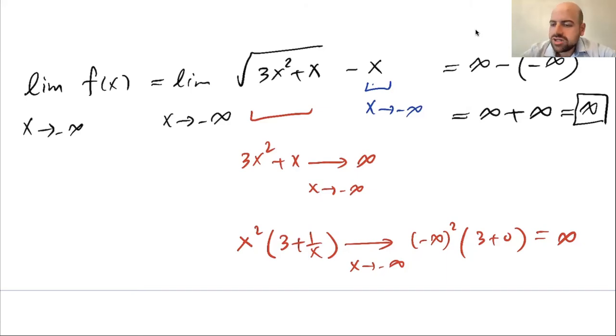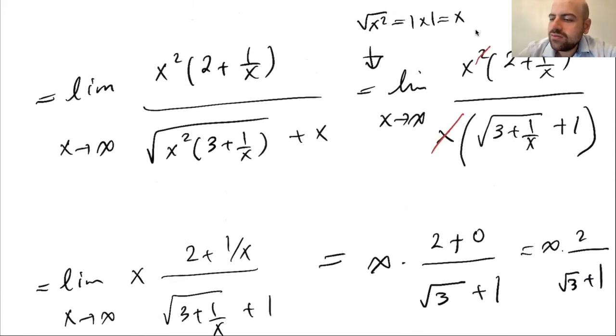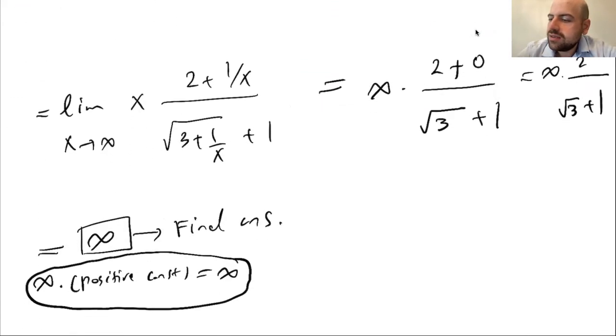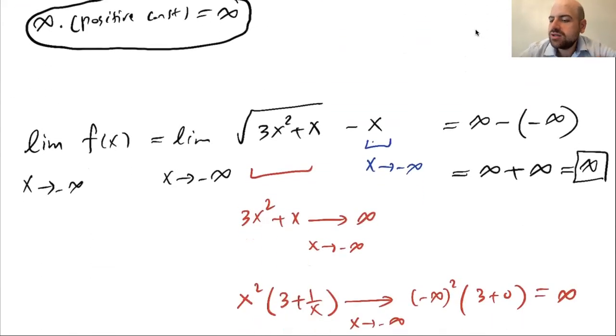So anyway, the limit of the function as x goes to infinity was infinity, and the limit of the function as x goes to minus infinity is also infinity. Therefore, we do not have any horizontal asymptote, because neither of the limits is equal to a constant. For a horizontal asymptote, the limit of the function must be a fixed real number, such as 5 or 10 or √2.